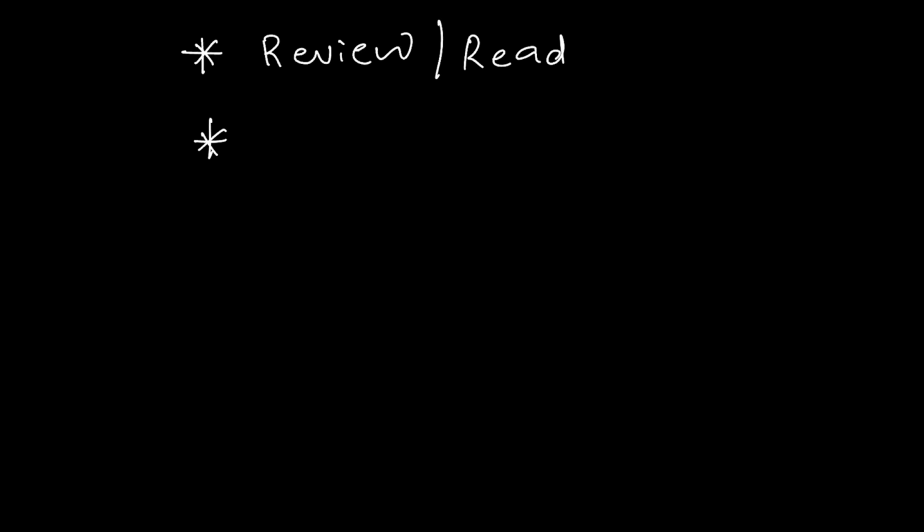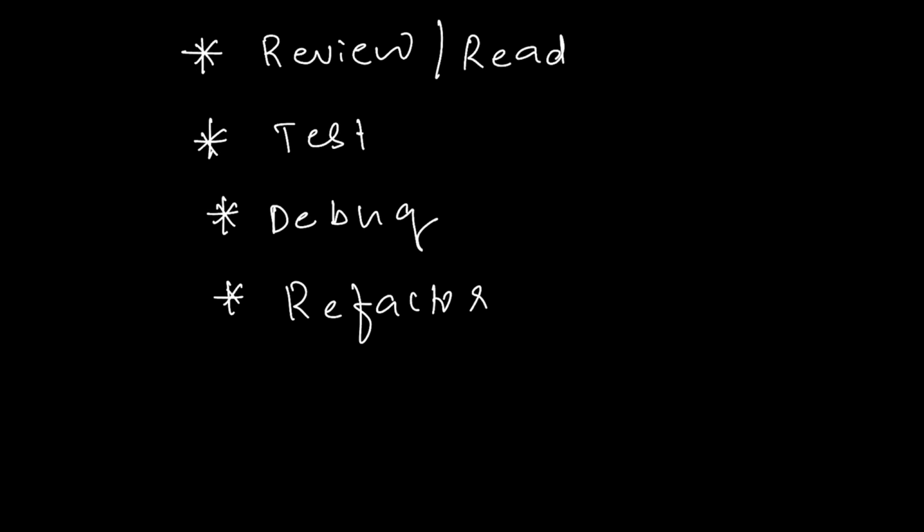It has to be easy to test, debug, and if needed, refactor as well. It also has to be easy for other developers or yourself to add new features to the existing system, right?